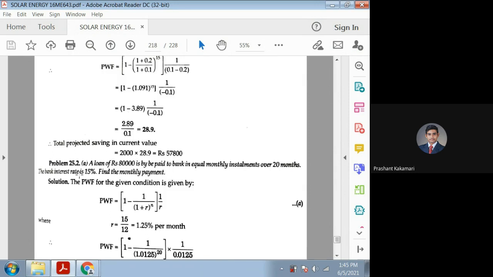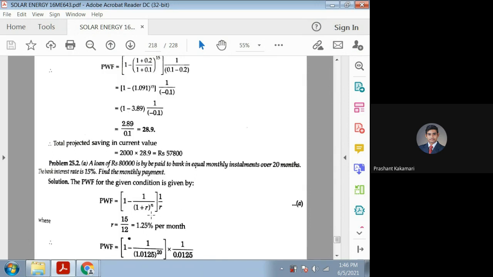Coming to the present worth factor, again the same equation. The present worth factor is given by 1 minus 1 divided by 1 plus the rate of interest per month, raised to n. Because the question asks for the month, I'll consider the rate of interest per month. n is the number of years, but as they told 20 months, here I am not going to consider years.